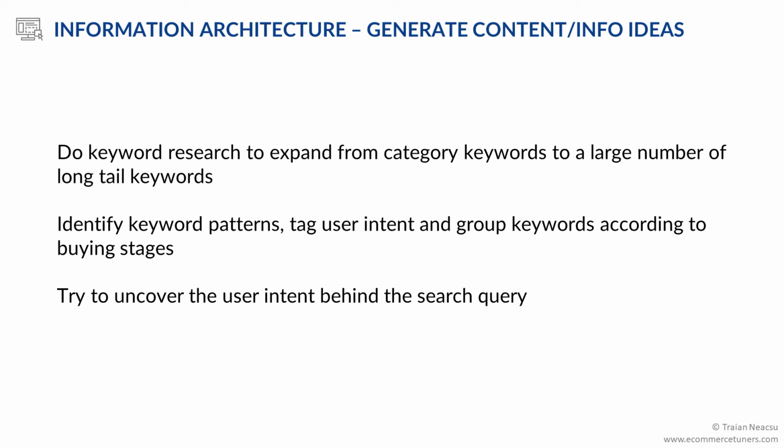Based on the initial taxonomy that the information architect creates, you can identify keyword patterns, tag user intent, group keywords according to buying stages, and find search volumes. This type of research provides great insights that are usually overlooked by the other teams in an e-commerce business.